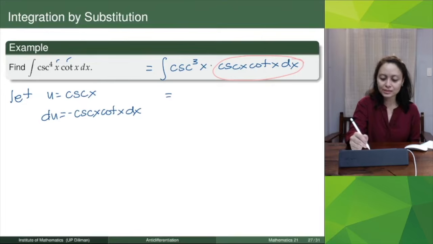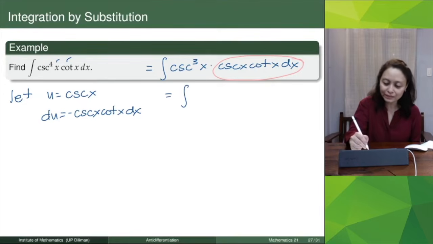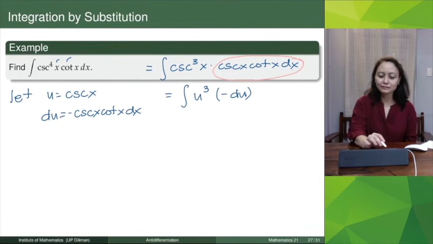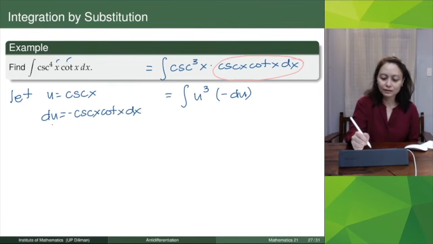Sige, so let's substitute. Ang cosecant x, sabi natin u yan. So, cosecant cube x ay u cube. And then this is negative du, kasi ang du ay negative cosecant x cotangent x. Okay? So, ilabas nyo lang yung negative 1.